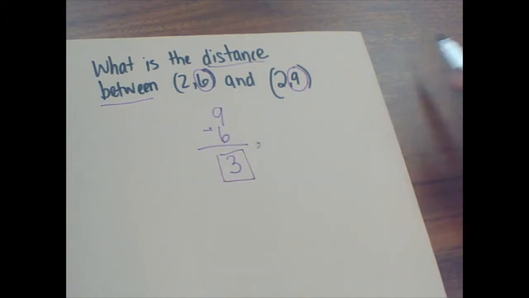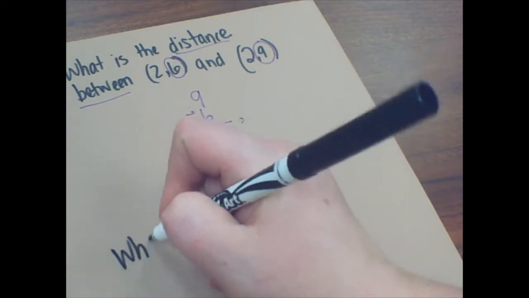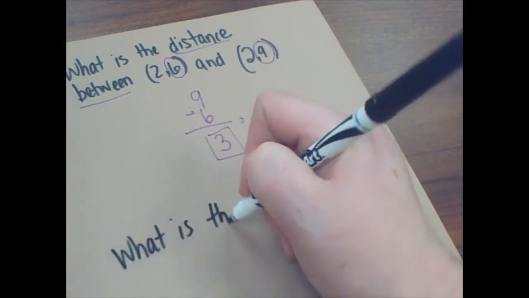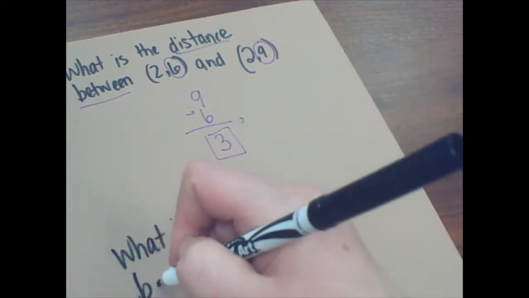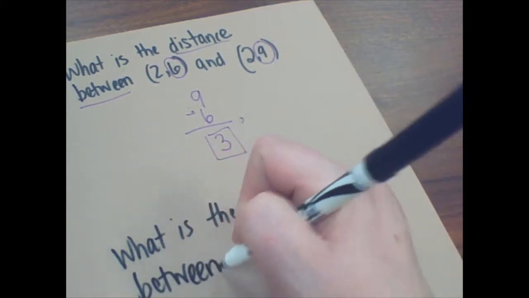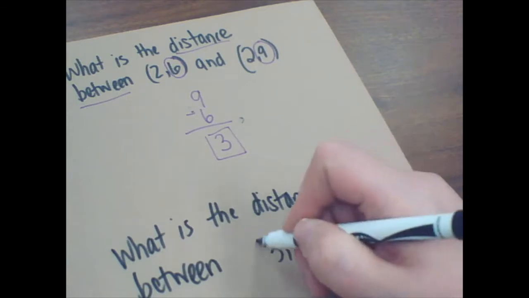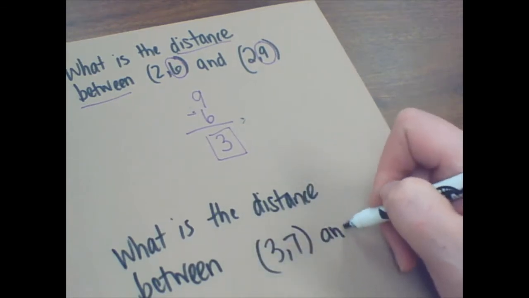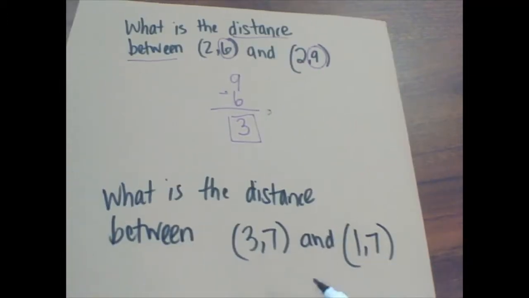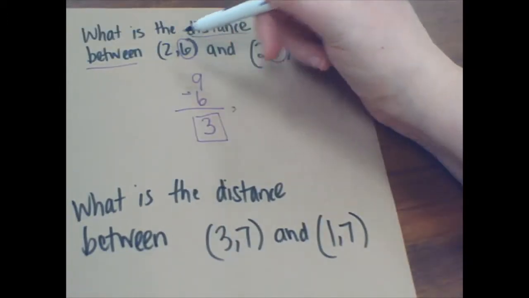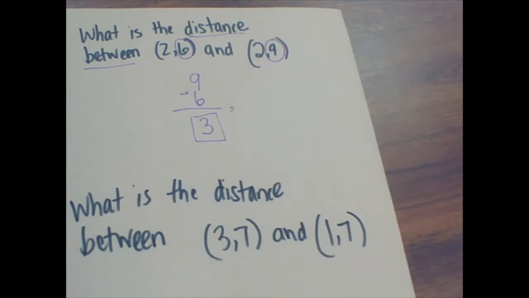Okay? You may see one like this. What is the distance between 3, 7 and 1, 7? Well, just like we talked about up here, the x values were the same, so I left them alone.